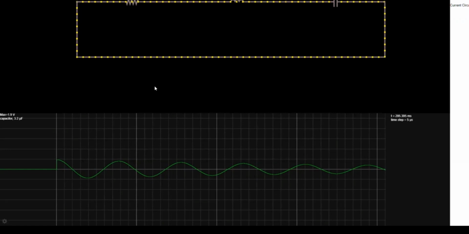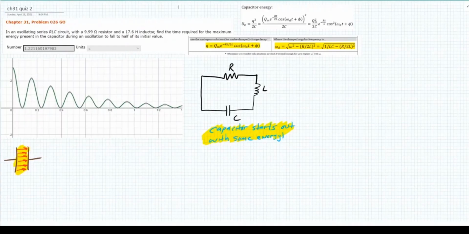So if we go back to the problem, after how long? This says, find the time required for the maximum energy present in the capacitor during an oscillation to fall to half of its initial value. Okay, so once again, this term was introduced in chapter 25.